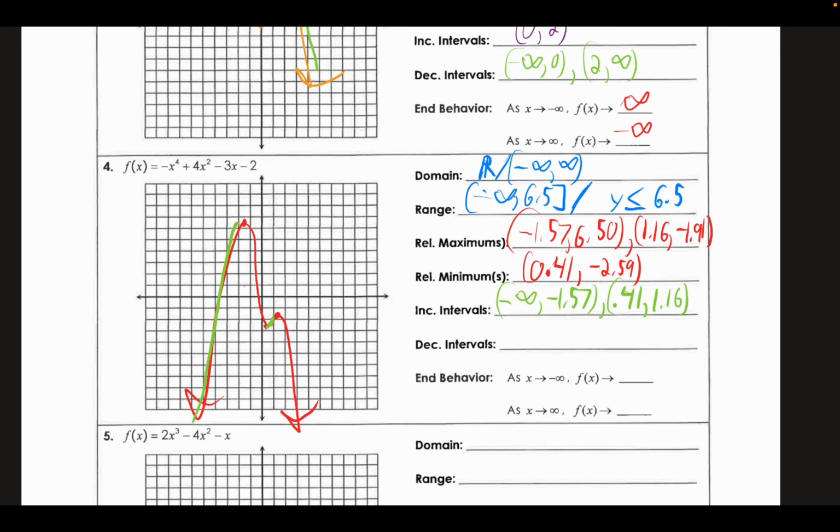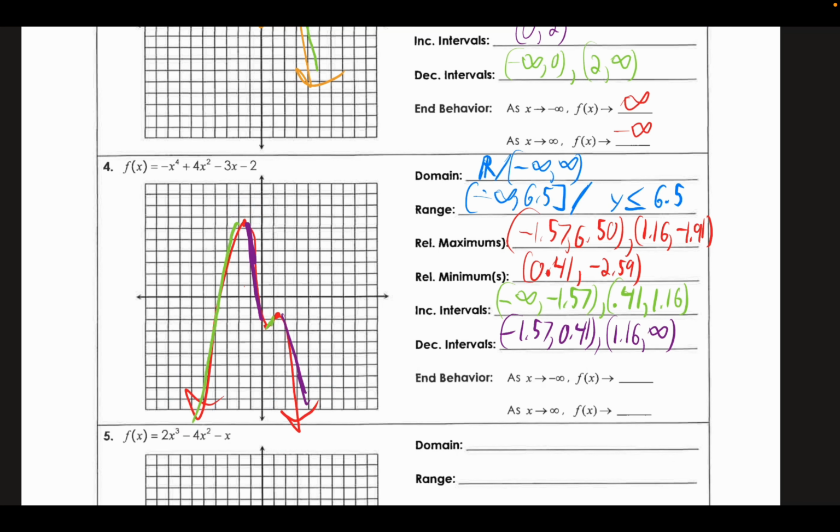And then the decreasing intervals would be right there in the purple, the first relative maximum to the relative minimum, and then from the second relative maximum down forever to the right. So that'd be negative 1.57, comma 0.41, as well as 1.16, comma infinity.